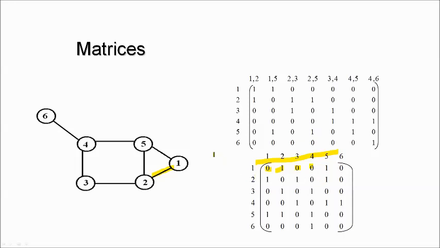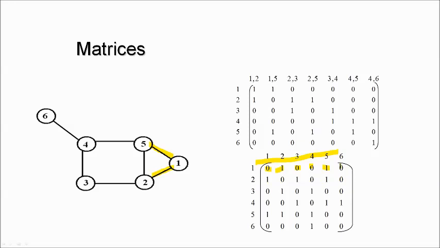Next, from vertex 1, is there an edge going to vertex 5? Yes. That's why we're going to put 1. Next, from vertex 1, is there an edge directly going to vertex 6?